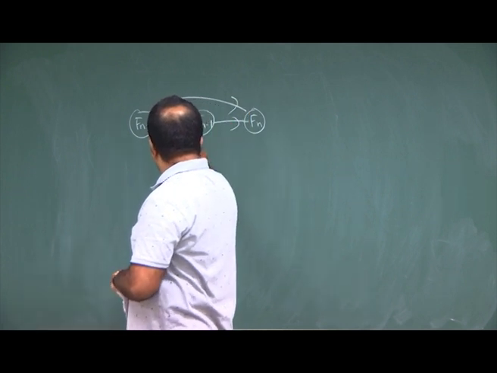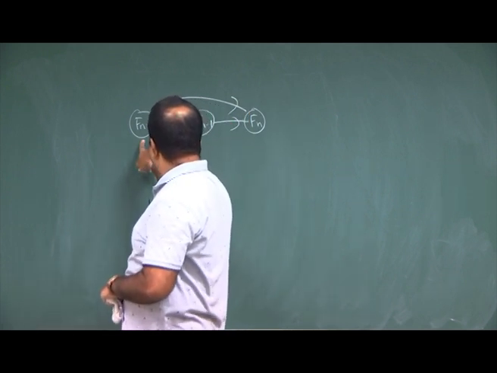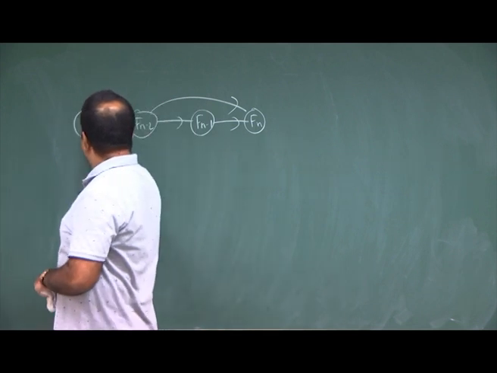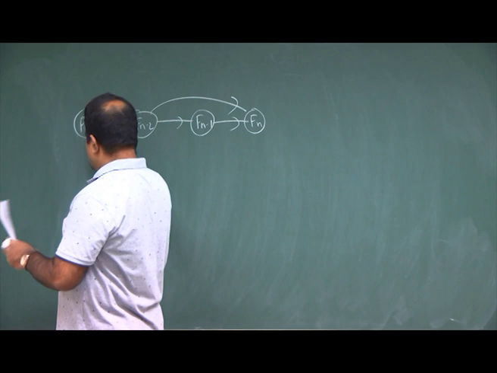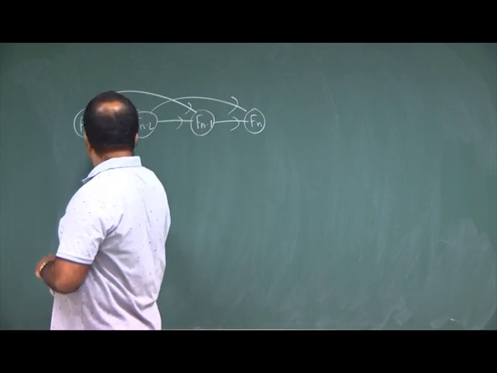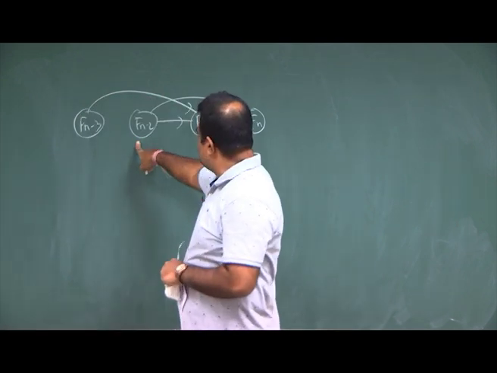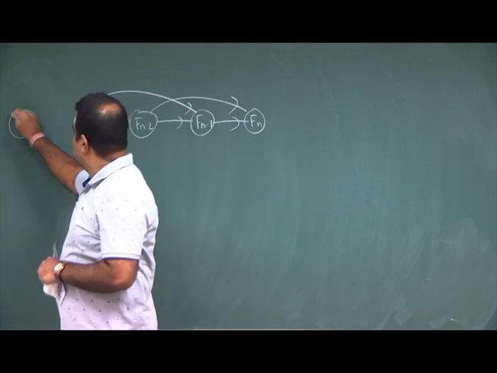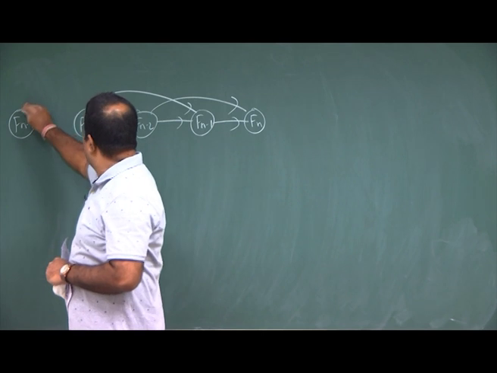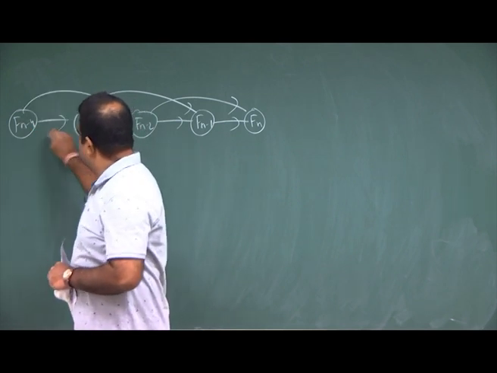Now, to calculate f of n minus 1 we need f of n minus 2 and f of n minus 3. Then to calculate f of n minus 2 we need f of n minus 3 and f of n minus 4. So, this way dot dot dot.